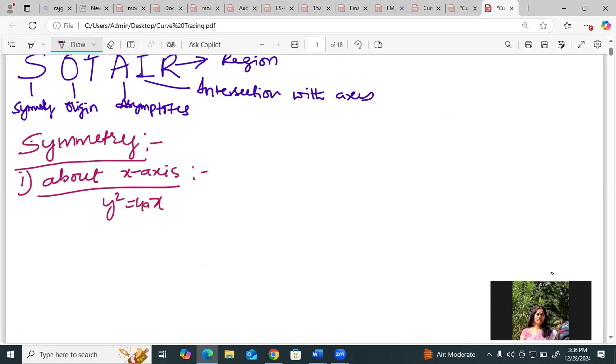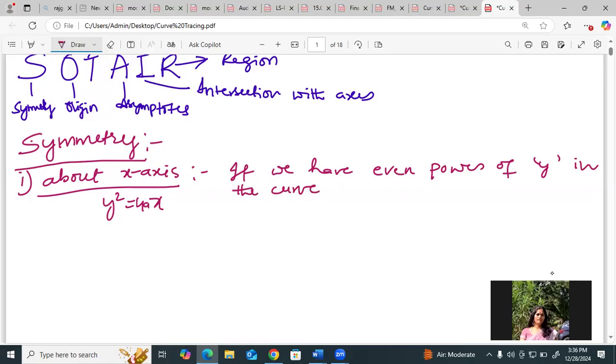I check symmetricity about x-axis if we have even powers of y in the curve equation. Now, many of you know that this is a parabola which has even powers of y. So, the curve would be symmetric about x-axis. All of you know that the parabola looks like this. It is symmetric about x-axis.